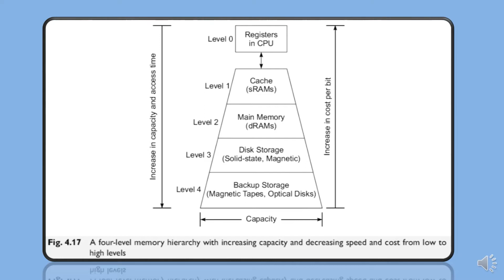In the hierarchy, i equal to 0 corresponds to the CPU register level. The cache is at level 1, main memory at level 2, the disk at level 3, and backup storage at level 4.